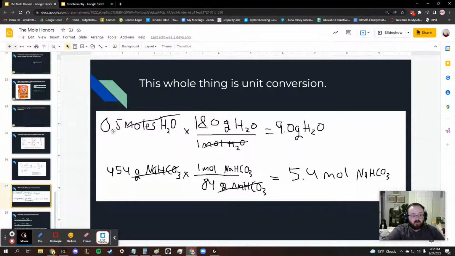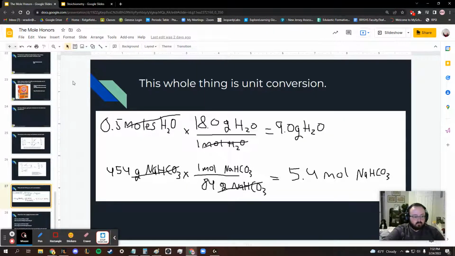Okay, so the first two, these types of equivalences. If you have 0.5 moles of H2O and you're converting from moles back into grams, you first have to find that molar mass, which I've done here, 18.0. I'll probably have you do 2 decimal places, I think. I'll finalize that for you guys.